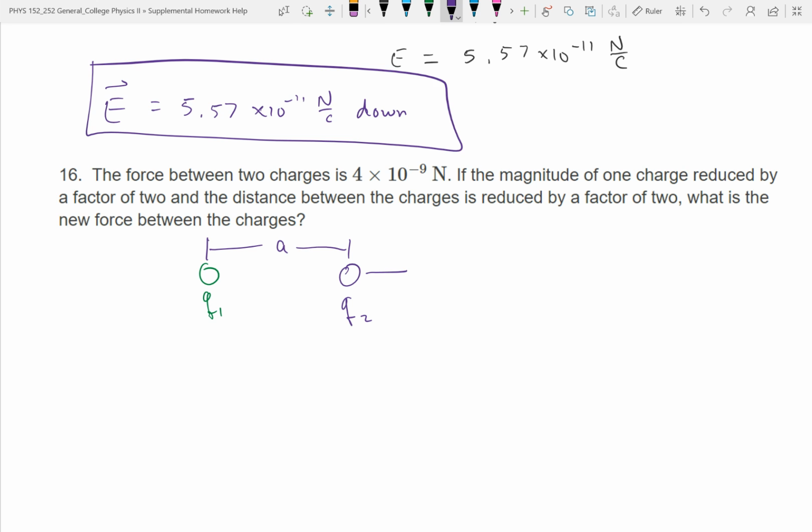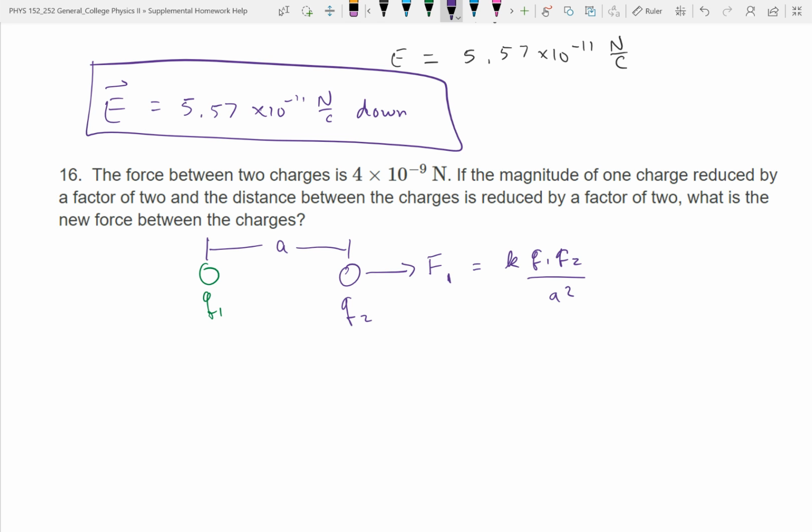It doesn't tell us the direction, so I'm just going to assume they're both positive, and the repulsive force gives us a force. Well, just call it force 1 equals K Q1 Q2 over A squared. Just use Coulomb's law, found the magnitude of the force.